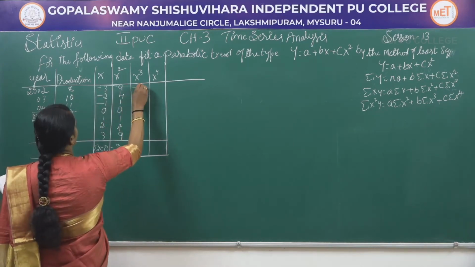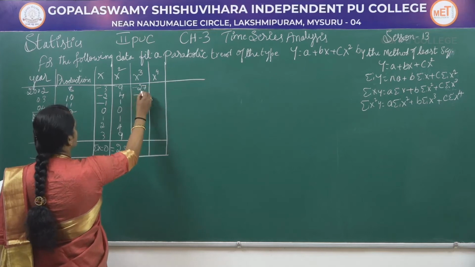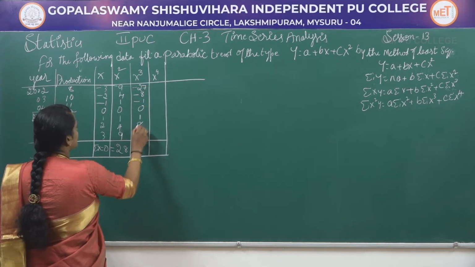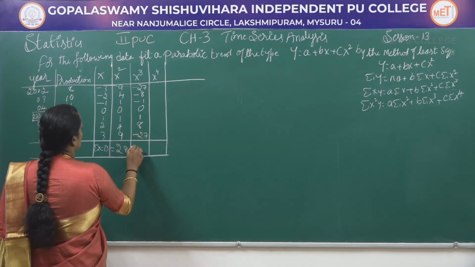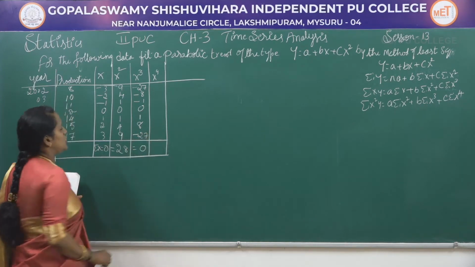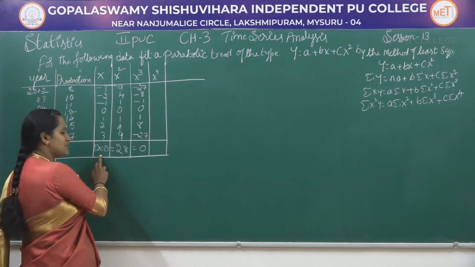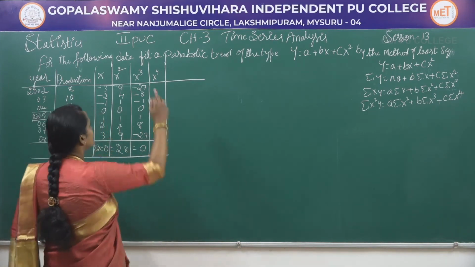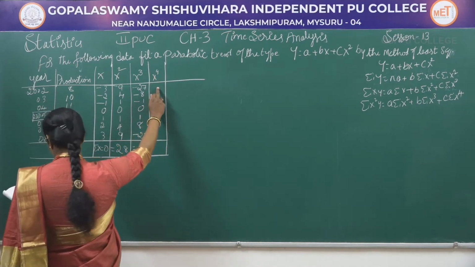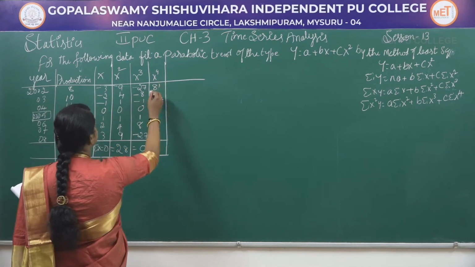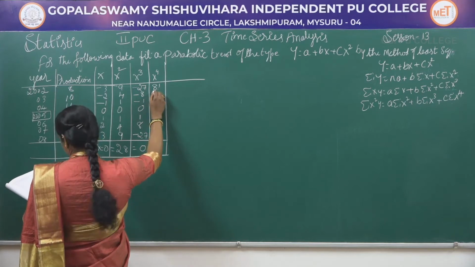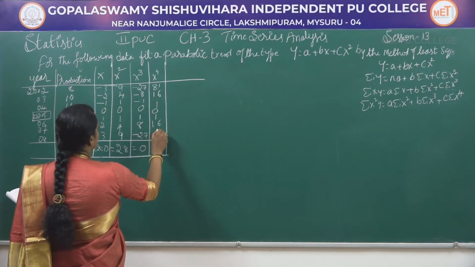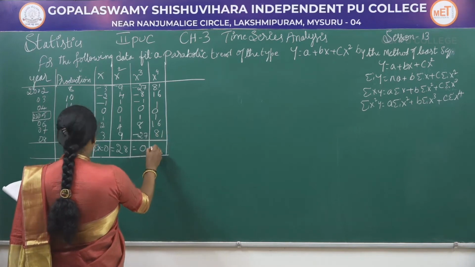It is minus 27, minus 8, minus 1, 0, 1, 8, 27. So this total will become 0. Here summation x will also become 0 and summation x cube will also become 0. Next is summation x power 4. It is 81, 16, 1, 0, 1, 16, 81, and this total is 196.